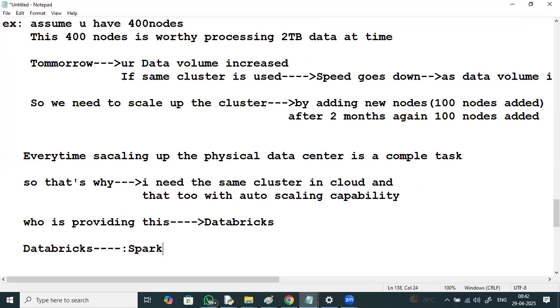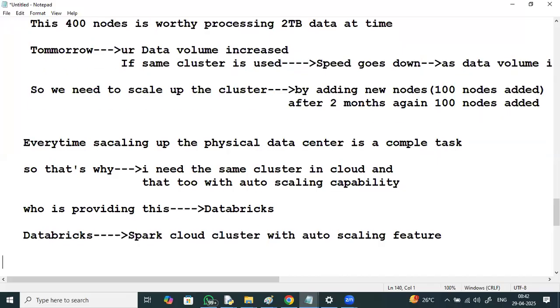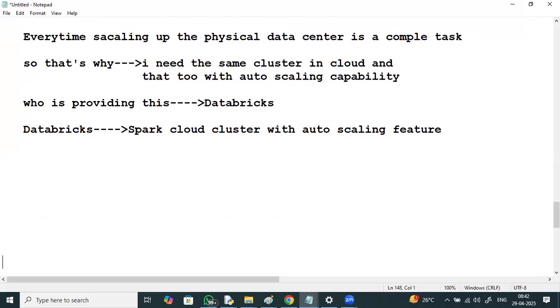It is providing a Spark cloud cluster with auto scaling feature.